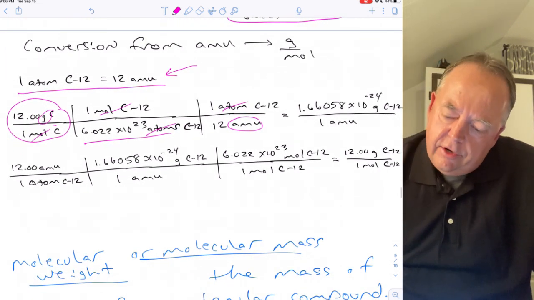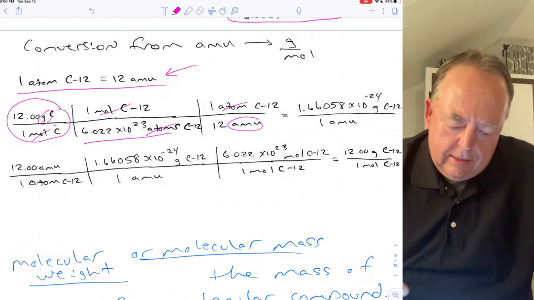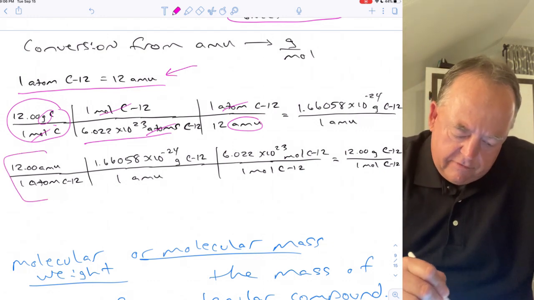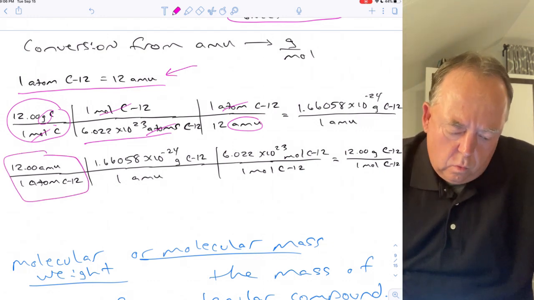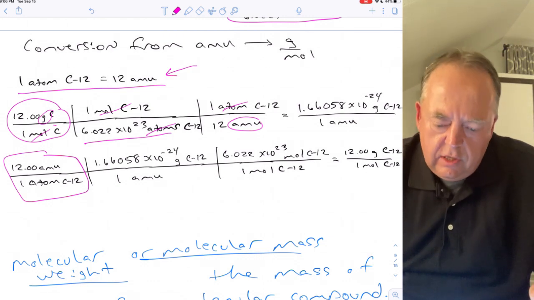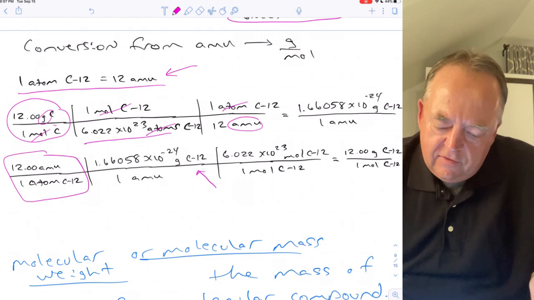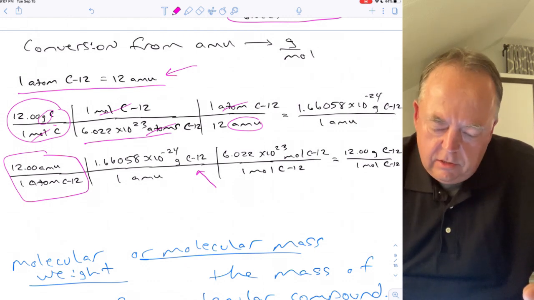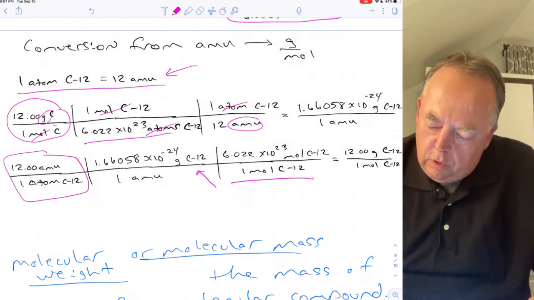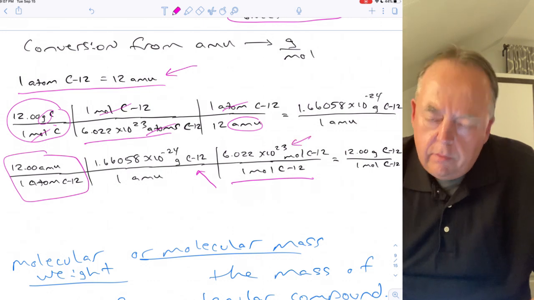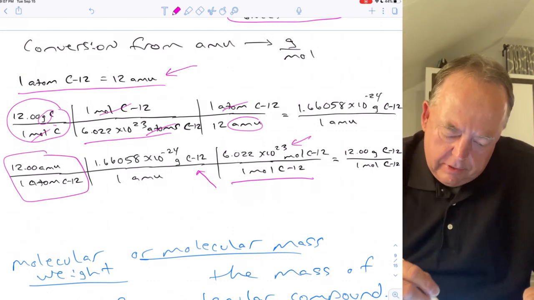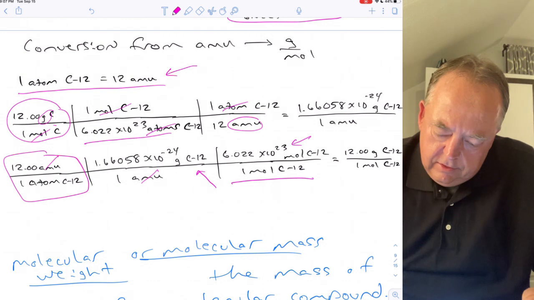And now if we take that number and use it in the next dimensional analysis, so take the definition for AMU, 1 carbon-12 atom has a mass of 12 atomic mass units, and we just said 1 atomic mass unit has a mass of 1.66058 times 10 to the minus 24 grams, and 1 mole of carbon-12 has this many carbon-12 atoms. If you set that up, AMUs cancel out.